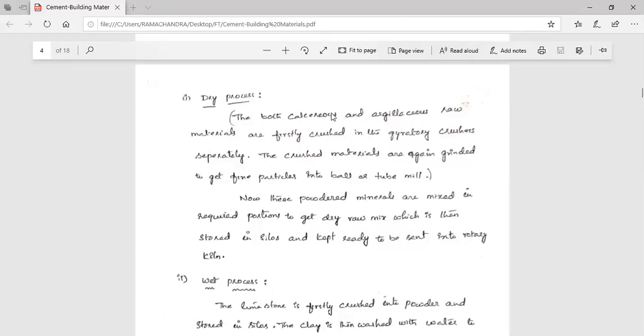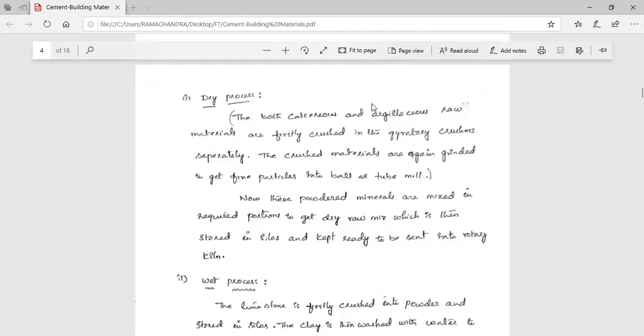Calcareous matter means lime, argillaceous matter means clay. These 2 components are firstly crushed, then mixed. Lime and clay are separately crushed by using various grinders.